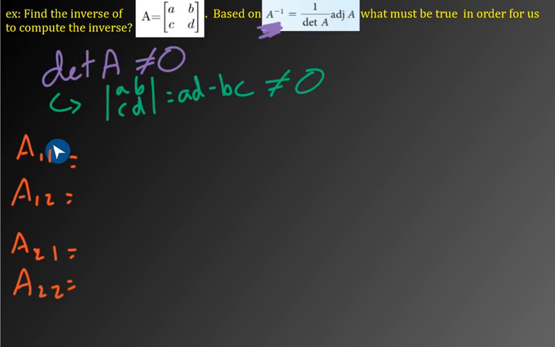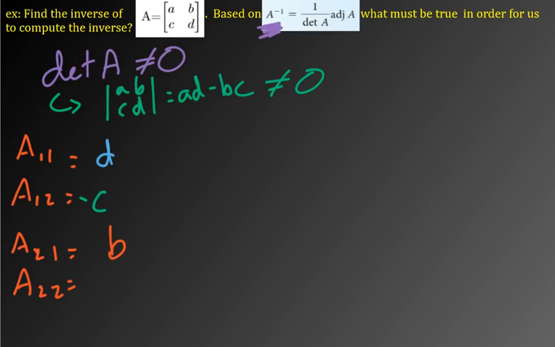For A11, the cofactor of this part right here, you just blank this out, and you get D, and it's just positive. If you do A12, you blank out this, and you get C, but it's negative. Then if you blank out this one, you get B, and it's positive.